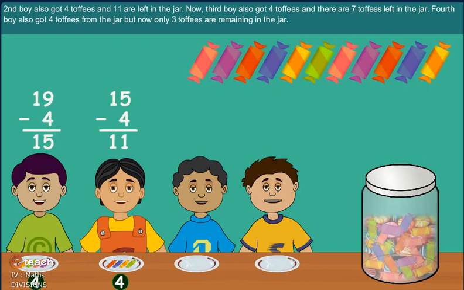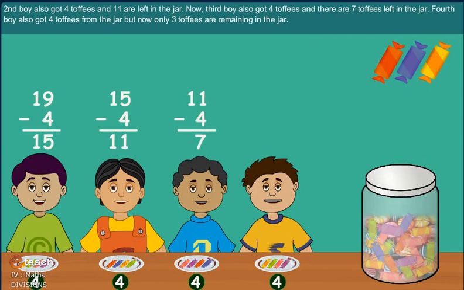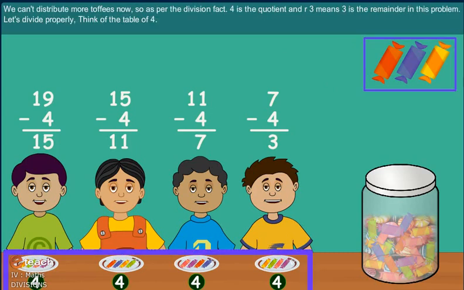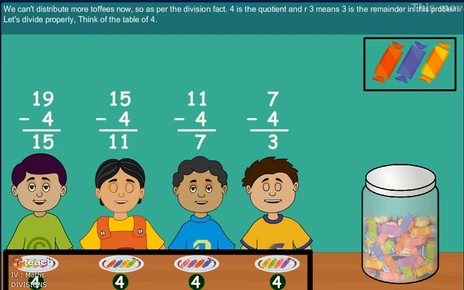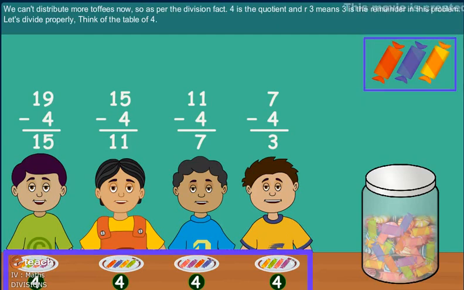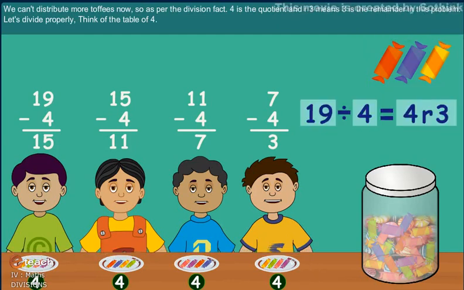Now, the third child also got 4 toffees and 7 toffees are left in the jar. The fourth child also got 4 toffees from the jar. But now, only 3 toffees remain in the jar. We are not able to distribute more now, so as per the division fact, 4 is the quotient and R3 means 3 is the remainder in this problem.